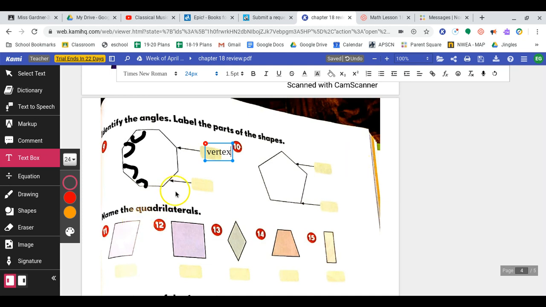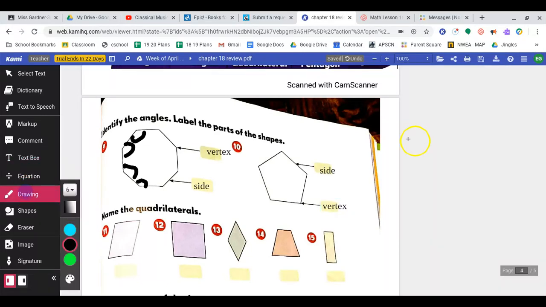And then the line segment, we call that from the outside of a polygon, the side. Okay, so here's another side on this pentagon and one of the vertices on this pentagon. Okay, and then this pentagon also has as many angles as it does sides. So if there are 5 sides, it's got 5 angles and 5 vertices.